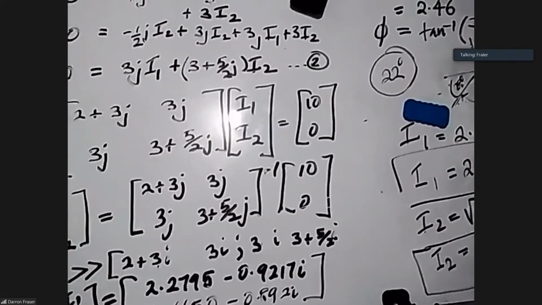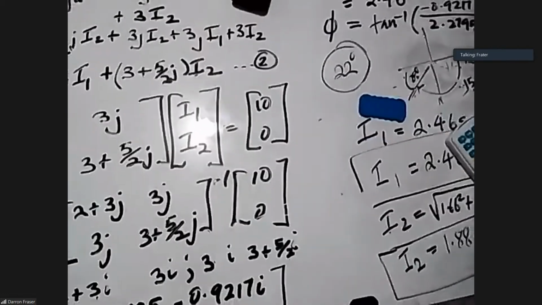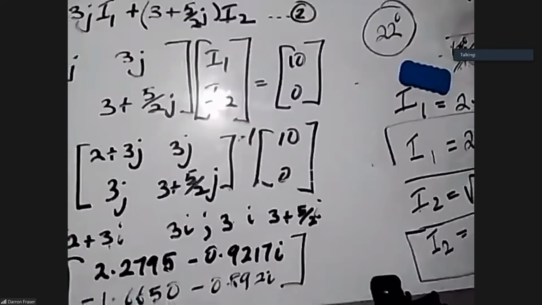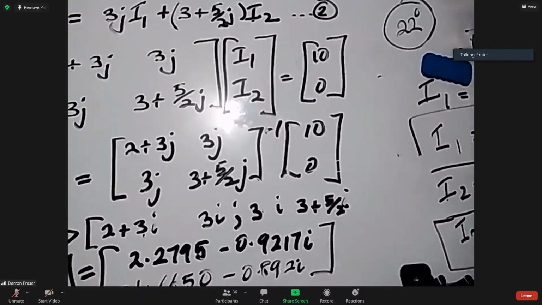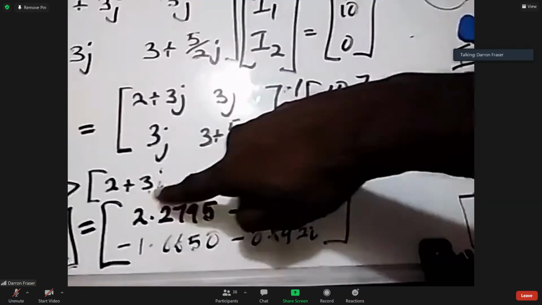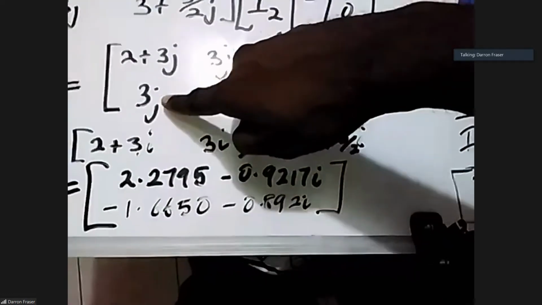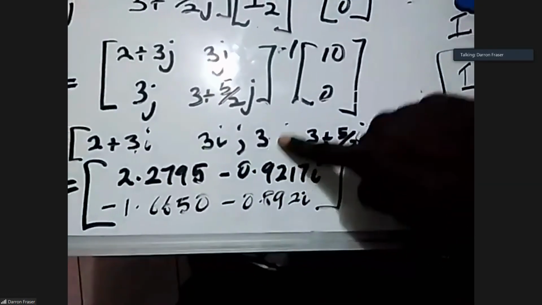No, below, that line below it. So this is 2 plus 3i, this is 3i, this is from here, and then this is 3j, which is a 3i.